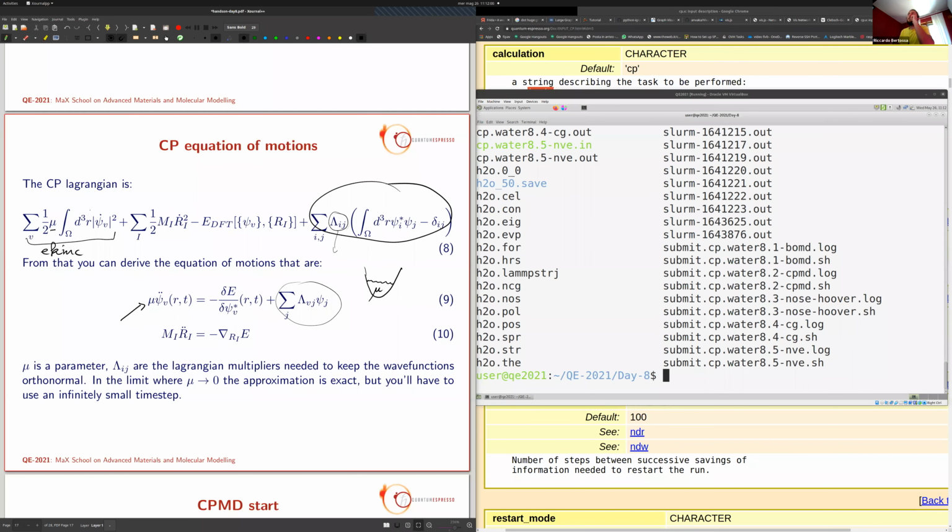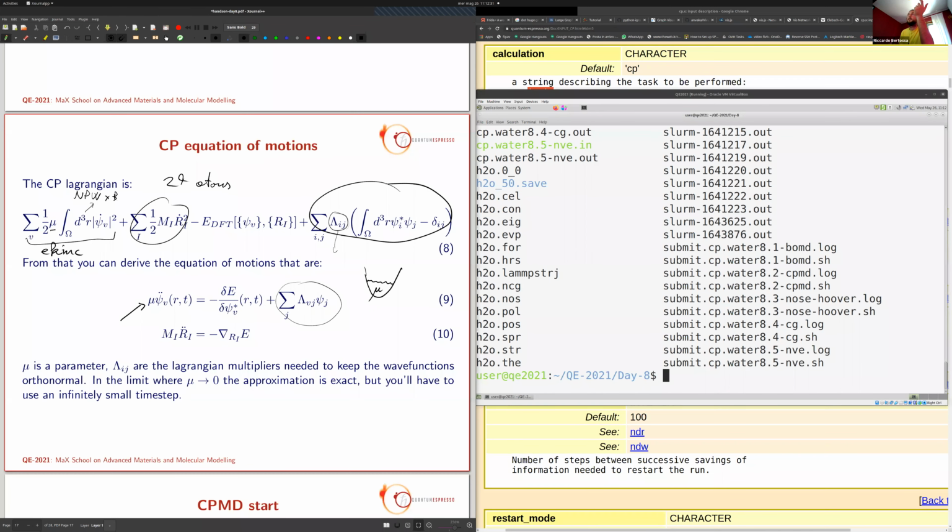But here it is by far more complicated because, in our case, we have 24 atoms, but here we have a lot more degrees of freedom. That is the number of plane waves, called NPW for example, times the number of bands.